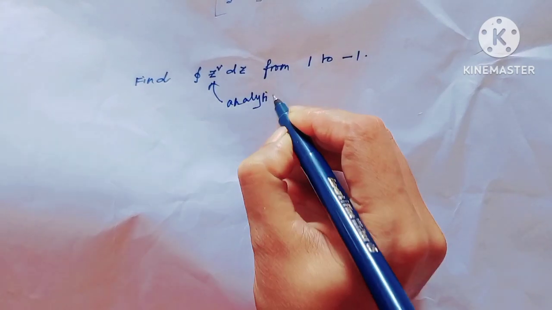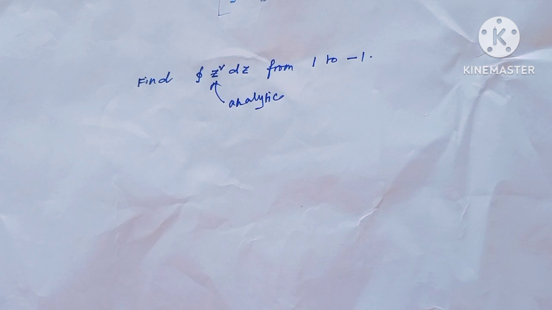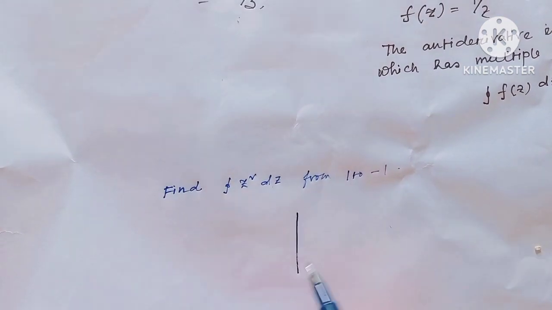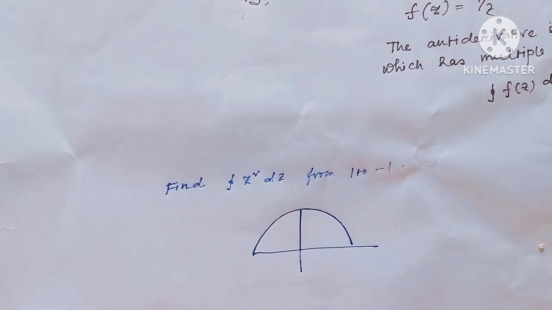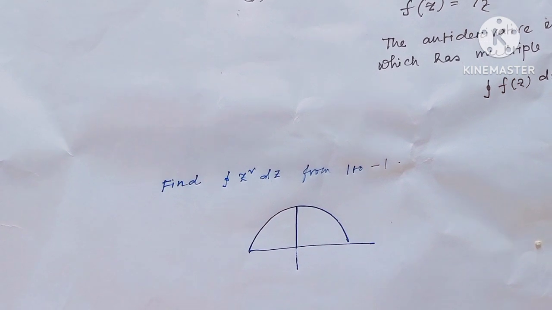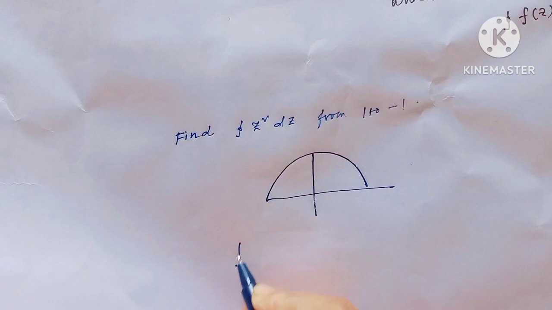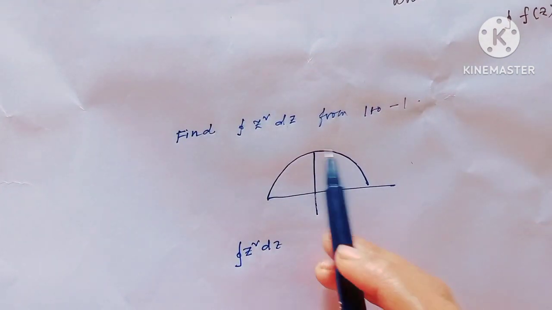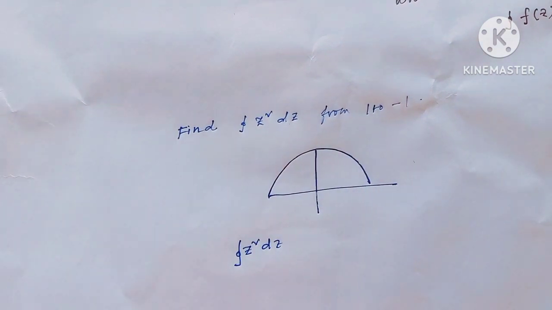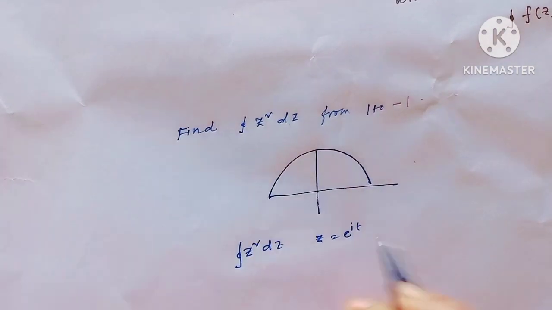So at first I will find the integral using the contour definition. Since this is the easiest path, and this is the half circle, the integration of z square dz, consider z equal to e to the power it.